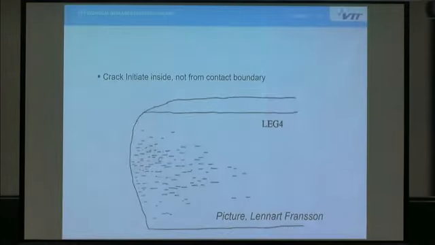And what is, I think, interesting and important is that these cracks don't initiate and propagate from the boundary. They initiate inside and then start to propagate. This was studied also in the JOIA project, and they even made calculations about this crack initiation.